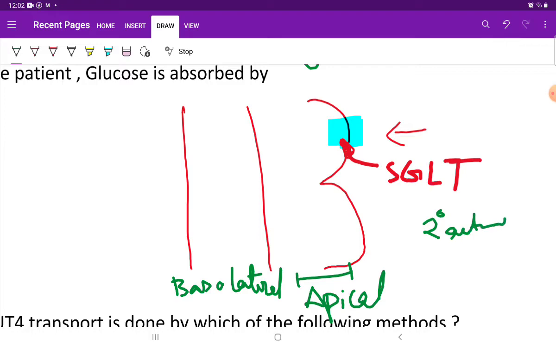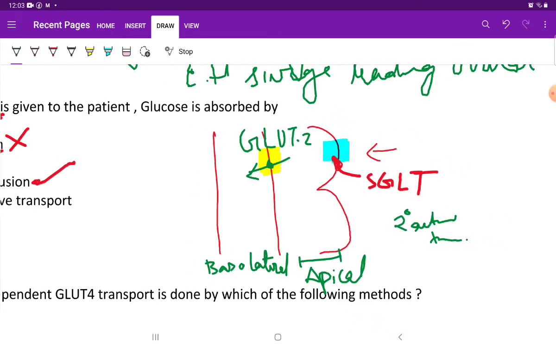After entering through the apical part, glucose moves into the bloodstream, and here it enters with the help of GLUT, or more precisely GLUT2. There are different types of GLUT. So this is just for your knowledge.